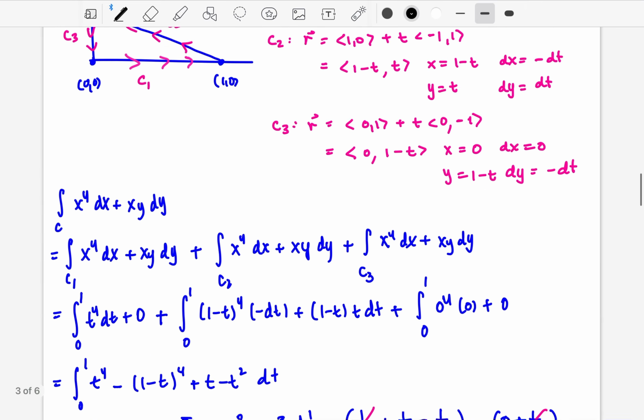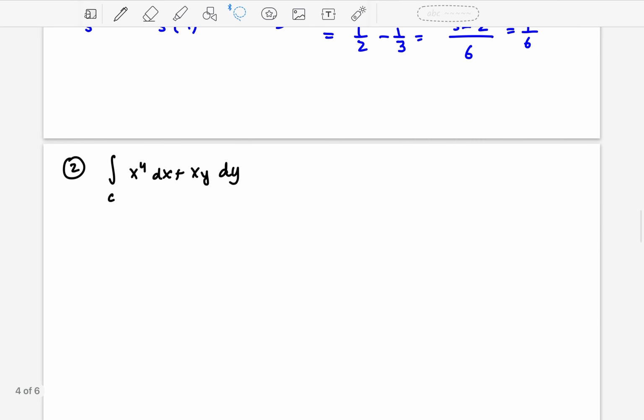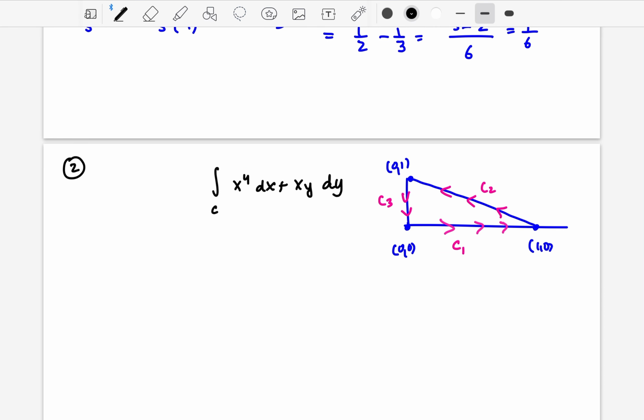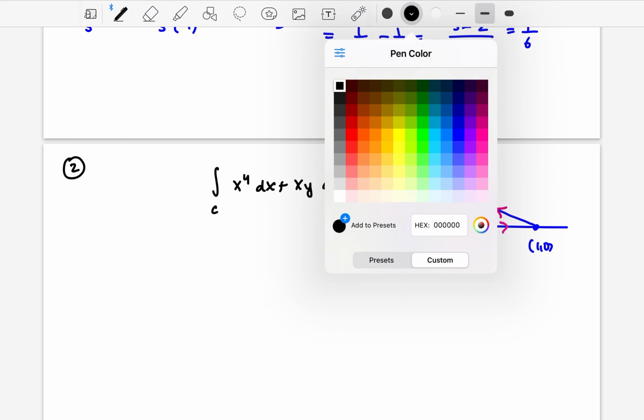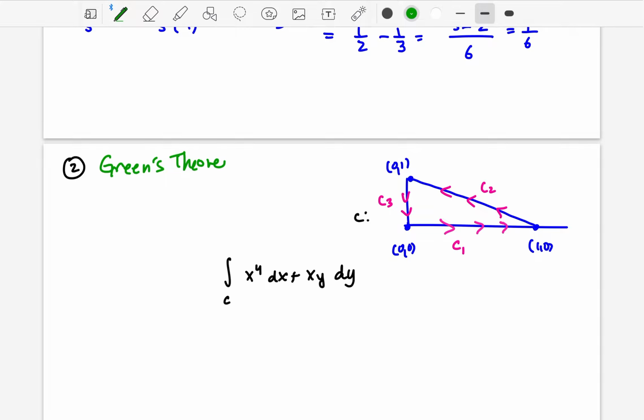I have the same exact curve, copy paste. Okay, so this is what I want, where this is C, and I want to use Green's theorem. Should I be using green? I should. I'm wasting the opportunity of using green for Green's theorem. So Green's theorem. Perfection. All right.